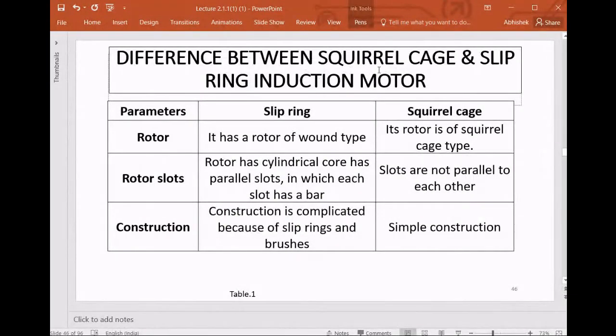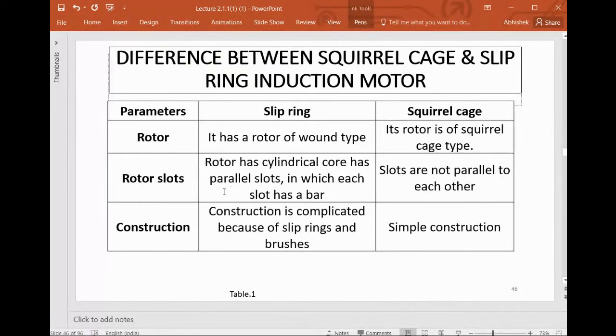So what is the major difference between these two types of rotors? You can say right here, this slip ring has a rotor of wound type, and the other has a rotor of squirrel cage type. The rotor has a cylindrical core with parallel slots in which each slot has a bar.